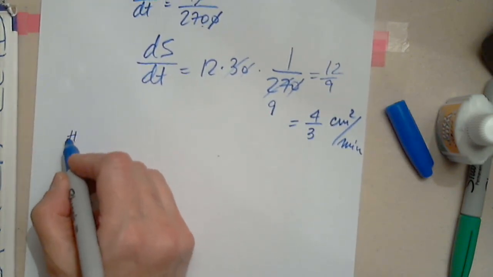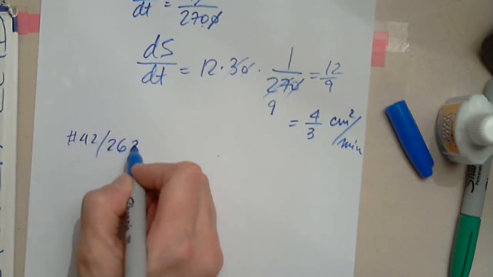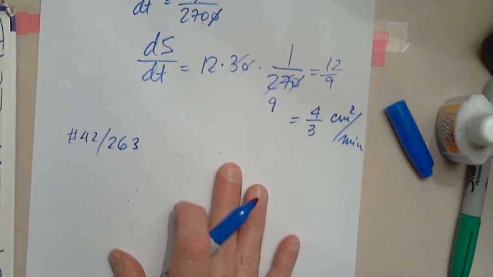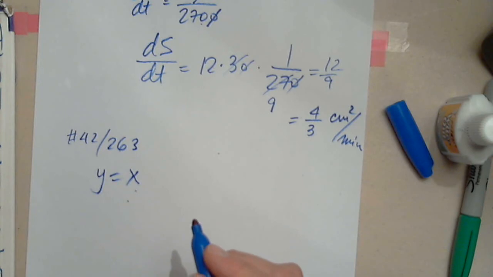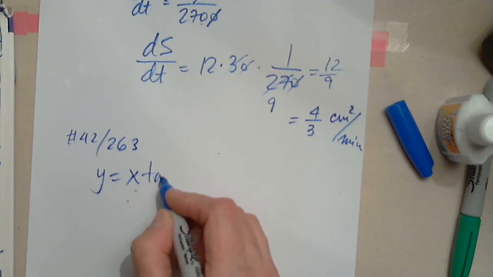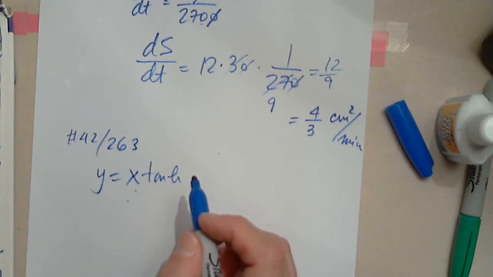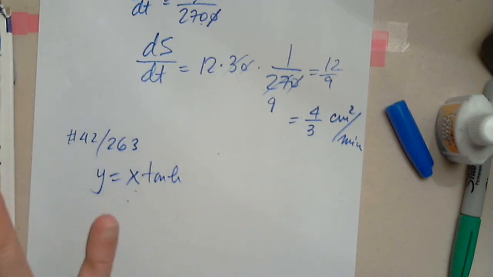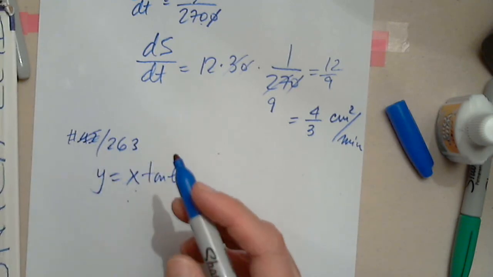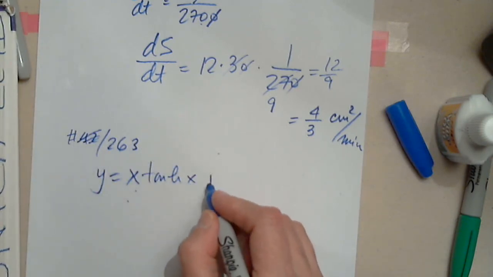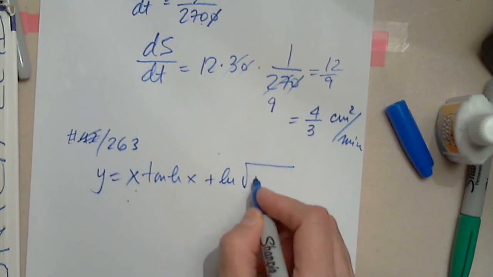So 42 on 263, y equals x times inverse hyperbolic tangent, which I will not ask you. I'm going to change this into x times inverse hyperbolic tangent x plus natural log of the square root of 1 minus x squared.